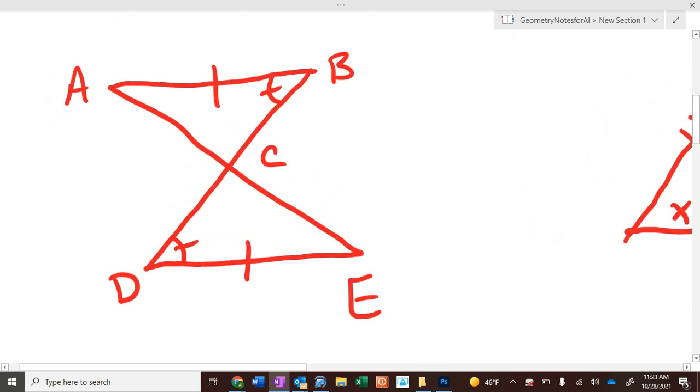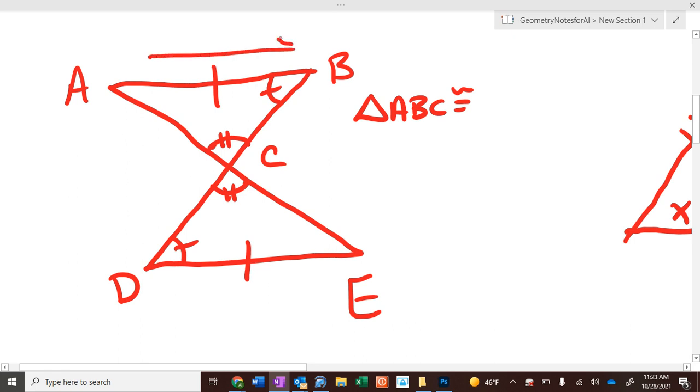Looking at this, is there anything here that we know? Same thing as last time, the vertical angles. So triangle ABC is congruent to what triangle? CED.